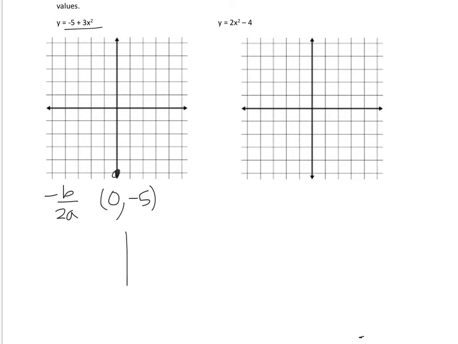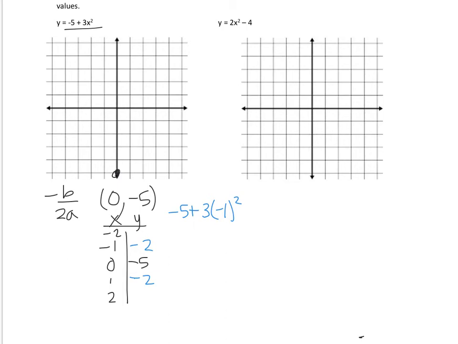To make a table, I'm going to plug in (0, -5) in the middle of my table, and plug in numbers greater than or less than. If I plug in -1, it's going to be -5 plus 3 times -1 squared, so that's going to be -2. And by symmetry it's going to be -2 on this side.